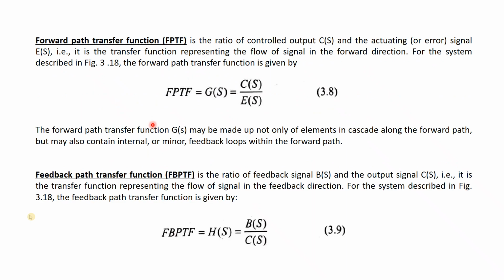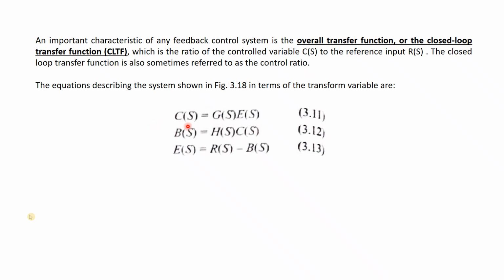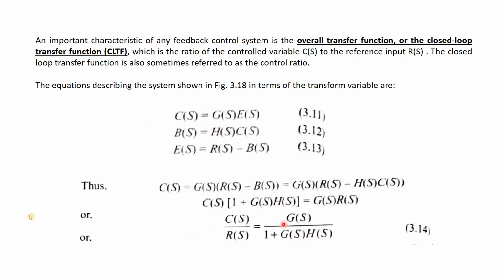So the closed loop transfer function you calculate like this: error is RS minus BS. If you put these values, then you get CS by RS to be GS by 1 plus GSHS.